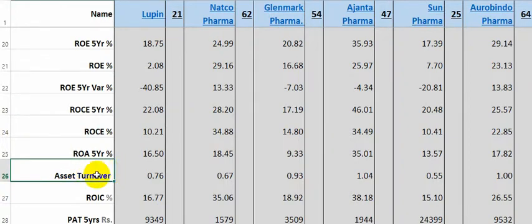Here too we want it to be as near as 1 or below 1. Let me correct myself. We want the ratio to be more than 1 times, which signifies that the sales were higher or a multiple of the assets.